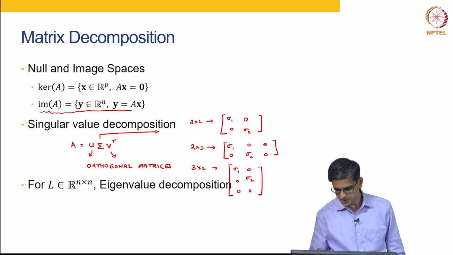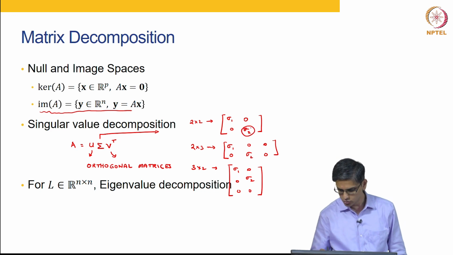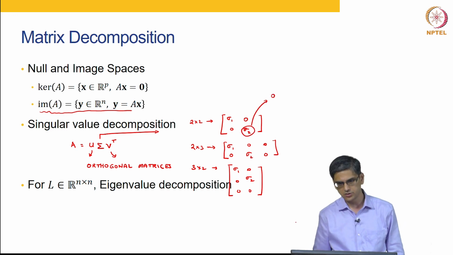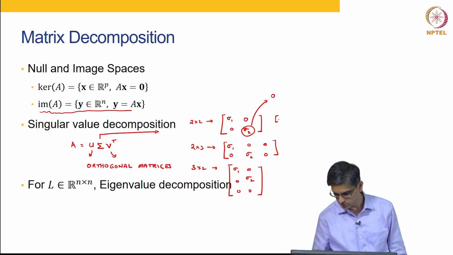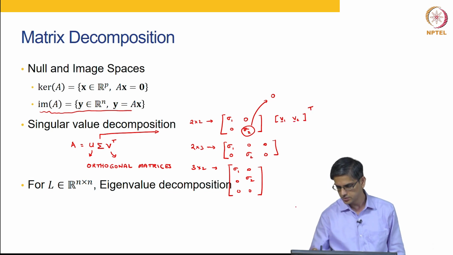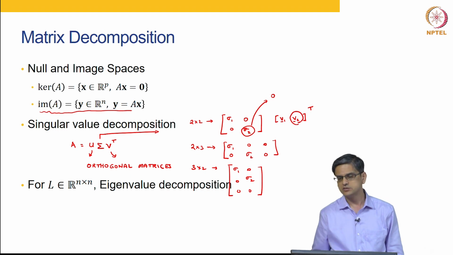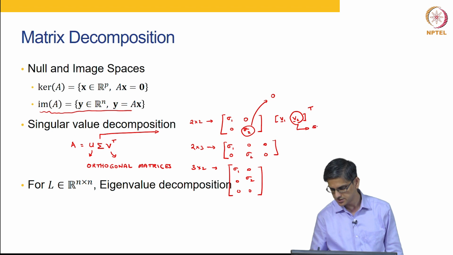If let us say sigma 2 was equal to 0, then this particular vector spans the null space.